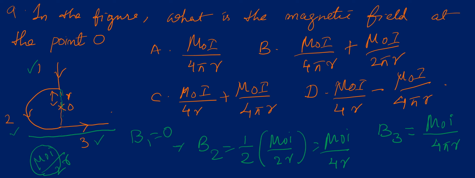If there is a full conductor, then we can write mu 0 I by 2 pi R. So only half portion is there, we will take the half, so it is mu 0 I by 4 pi R. And when we add all these three, we will get mu 0 I by 4R plus mu 0 I by 4 pi R. Option C is the correct one.